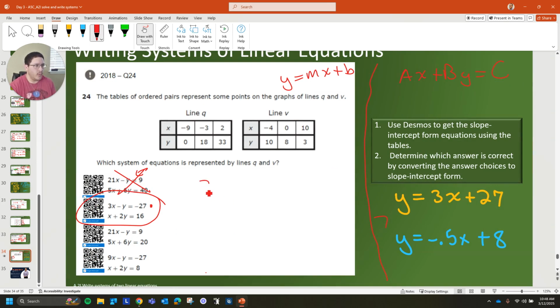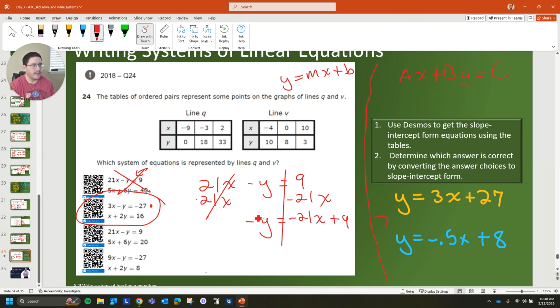All right, so 21x minus y equals 9. I'm going to subtract 21x. I have negative y is equal to negative 21x plus 9. I'm then going to divide everything by negative 1.